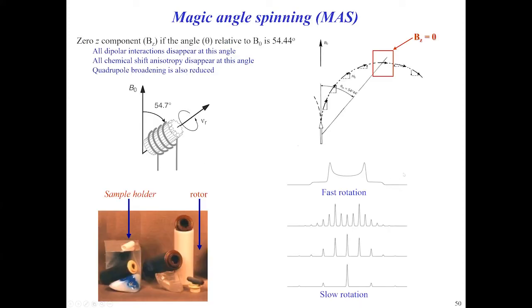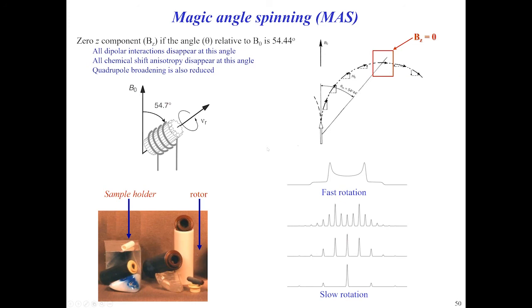We said a little bit earlier that we have this term 3 cosine squared theta minus 1. Very basic mathematics will tell you that if the angle is at a given value, and this value is 54.7, this interaction will be 0. So that's why in the literature it's called the magic angle. And spinning, why would we spin?